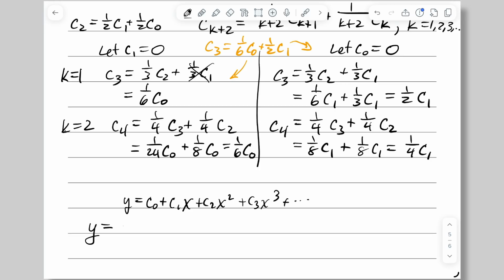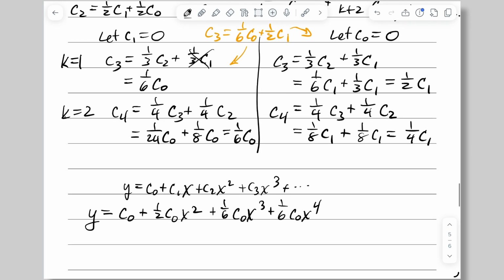So first I'm going to write down y is equal to c sub 0 plus 1/2 c sub 0x squared. C1 is 0, so I have no c1 term here, and c2 is 1/2 c sub 0. C sub 3 is 1/6 c sub 0, and I know that's going to go with an x cubed because the subscript is 3. And we can round that out with 1/6 c sub 0 x to the 4th. I don't generally ask for 4 terms, but since I have it in front of us, I might as well write it down. Plus dot dot dot.